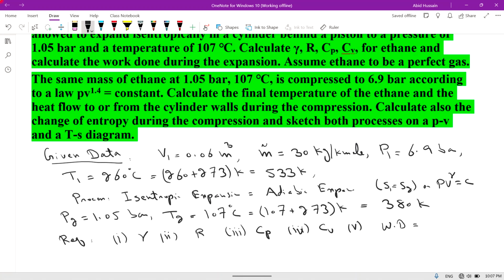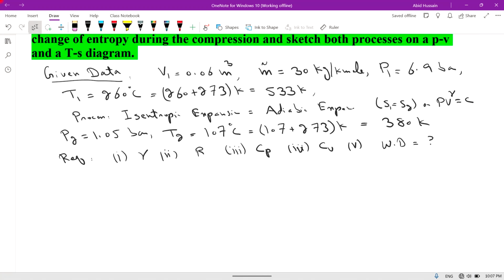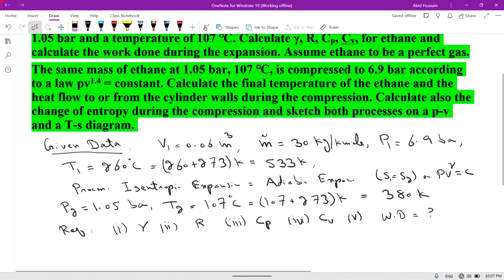Assume ethane to be a perfect gas, so we will use the perfect gas equation. And now the second process starts from here.